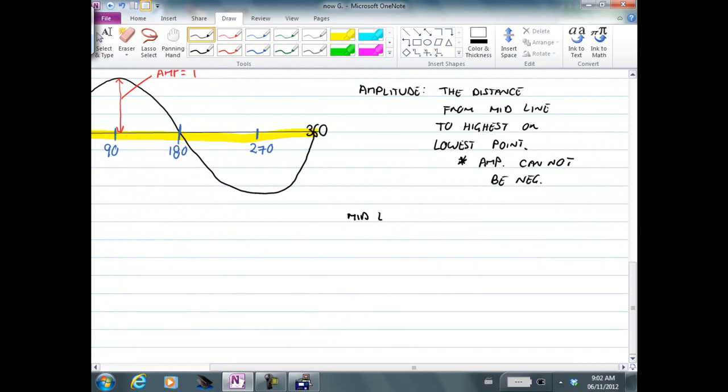All these vocabs will be used again. The horizontal line that divides the graph in half. No, it's not always. I'm going to give you one later.